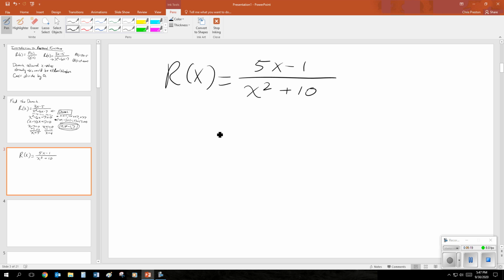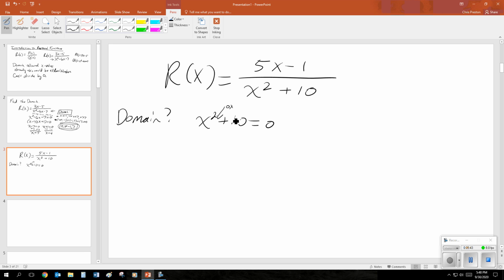I don't want it to be equal to 0 on the bottom. So I'm going to set the bottom equal to 0 and work that out. I'm trying to figure out what is the domain here. And what I find out is I can't make this work. It doesn't factor. There aren't factors of 10 that'll add and give you 0 x's. There's no x term there, so there's 0 x's.